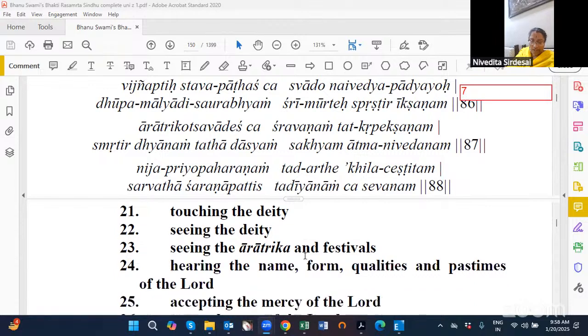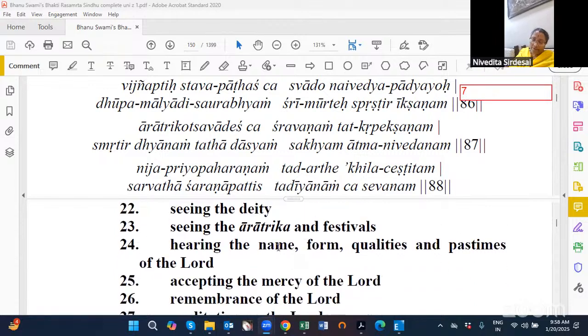Now, seeing the Aratrika and festivals is one line they have put. Aratrikotsavadescha, one line. Then hearing the name, form, qualities, pastimes about the Lord: Shravanam. Then Krupekshanam, accepting the mercy of the Lord. You have that Shatari put.